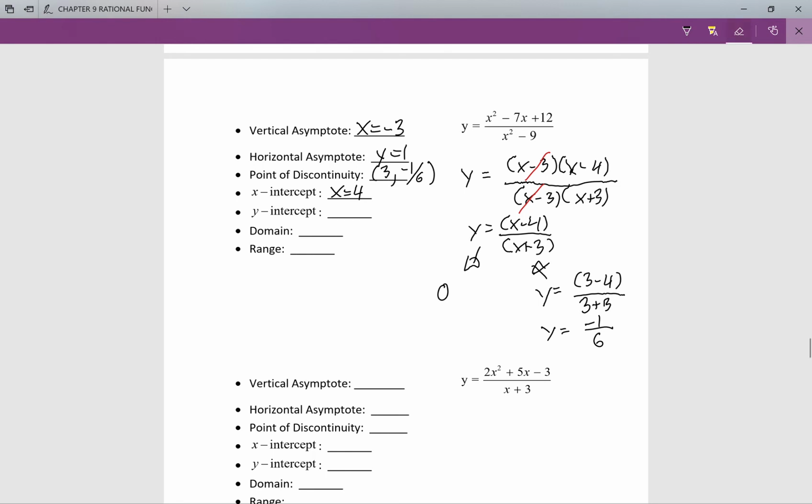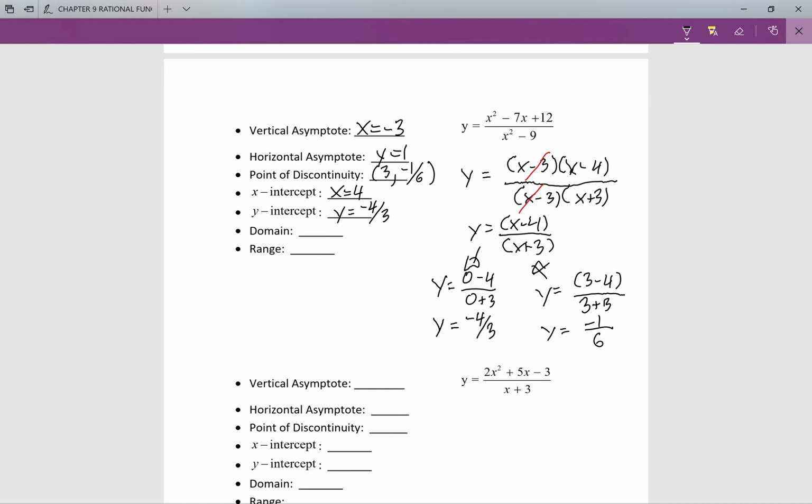Sorry, I made a little mistake there. So y equals 0 minus 4 all over 0 plus 3, and y equals negative 4 over 3. So my y-intercept will occur when y equals negative 4 over 3.